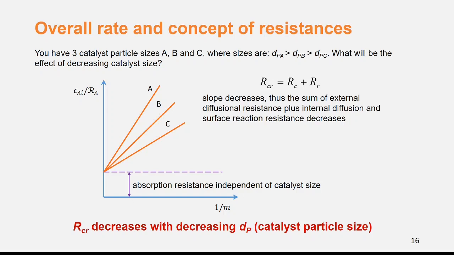The smaller the particle is, the smaller the Thiele modulus is, and the closer the effectiveness factor is to 1. This means the resistance to internal diffusion is small. So this is what we expect. The internal diffusion resistance should decrease with a decreasing particle diameter.